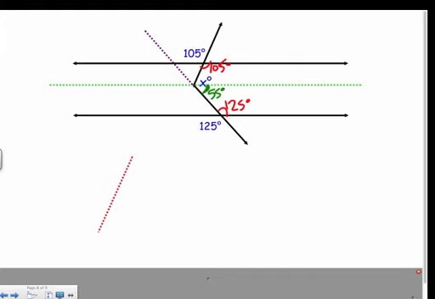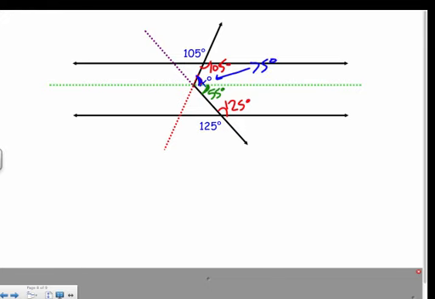And same thing, if I extend the top transversal, I know that 105 and this spot right here are consecutive interior, so they add up to 180. So 105 from 180 gives me 75 degrees.